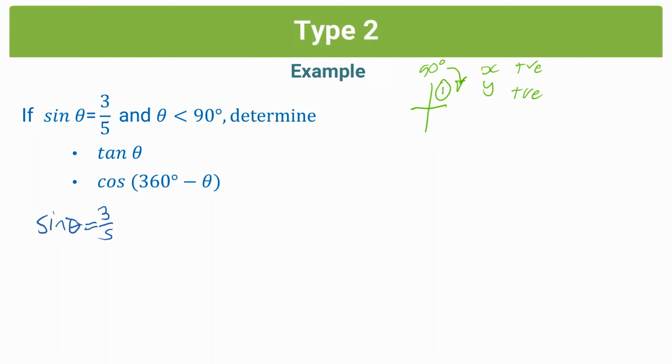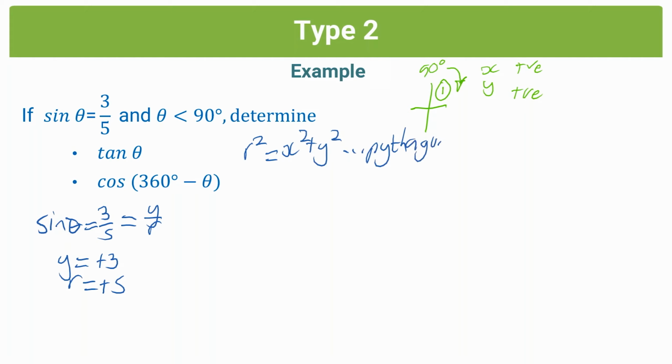So we must be working with the first quadrant where both x and y are positive, right? So we can go ahead and extract our variables and solve for x using Pythagoras, because the definition of sine is y over r. So we have y being positive 3 and r being positive 5. So x, because of Pythagoras, r squared equals x squared plus y squared, right?